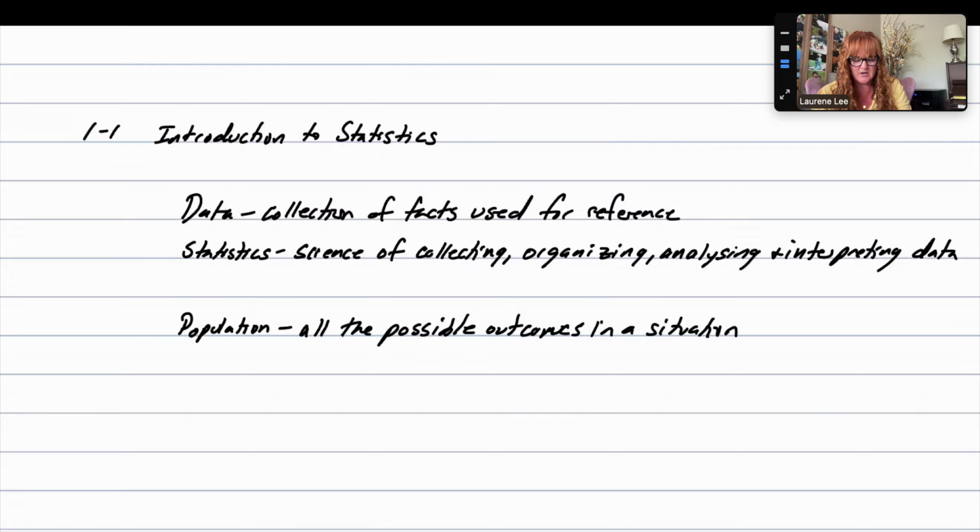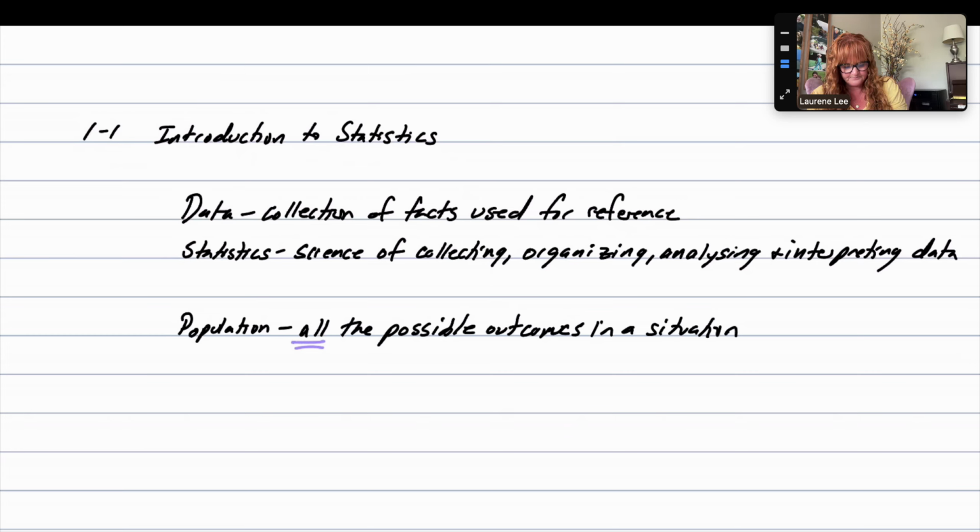So the key word here is all. For example, if we want to take a political poll in the United States, the population would be all of the United States. If we want to know what the average height of an Allen Hancock student is, the population would be Allen Hancock students. It's the whole group that we're interested in looking at.